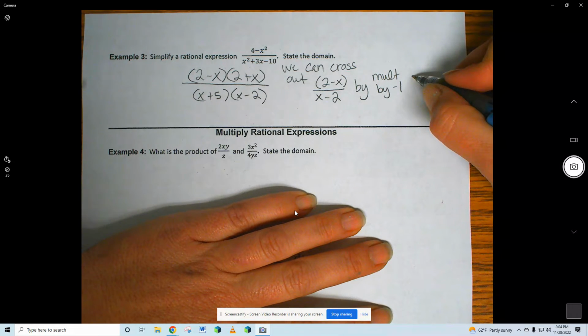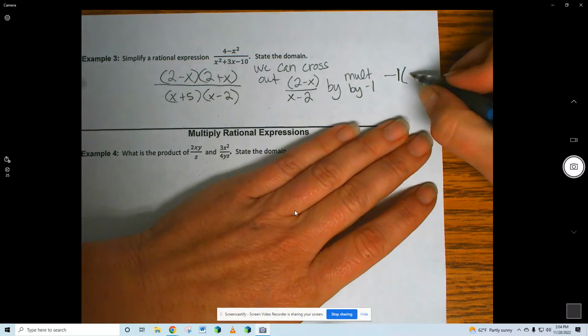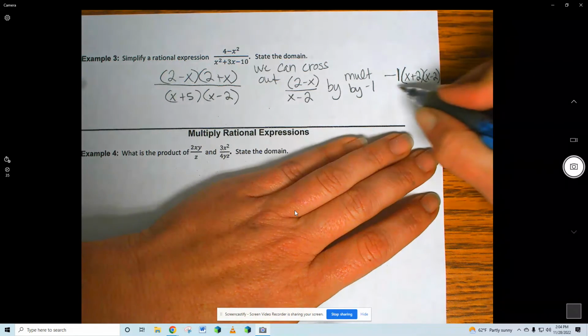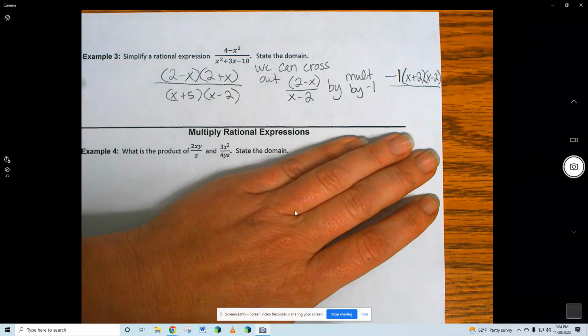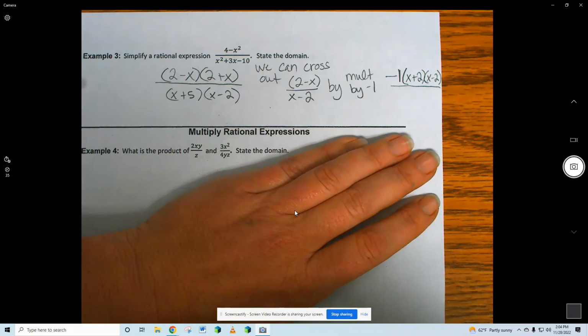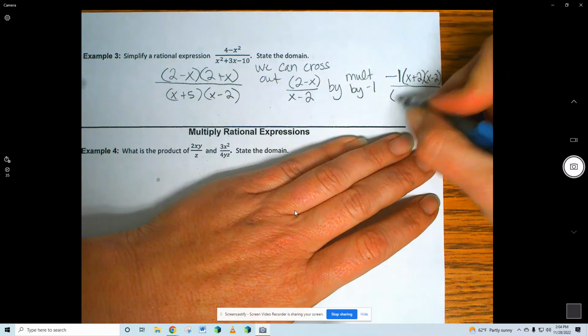And I'm going to multiply by negative 1 on the top, and I can switch them. Because in the numerator, if I multiply by negative 1, then the x would become the opposite sign and the 2 would become the opposite sign. And this is good. The bottom would just stay on its own.